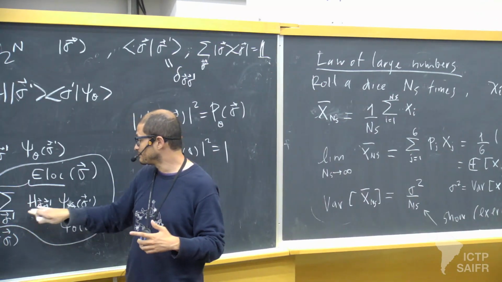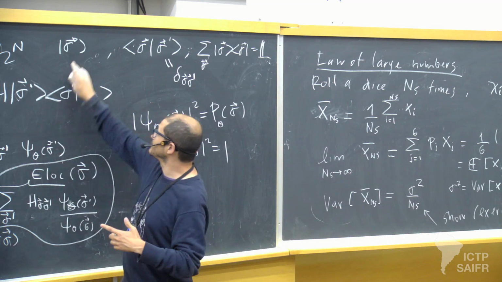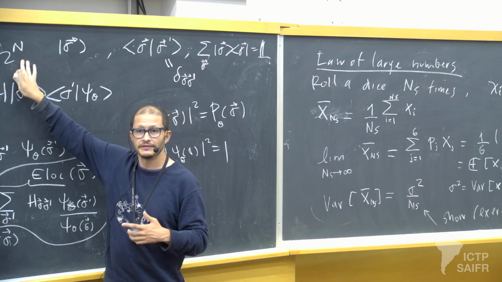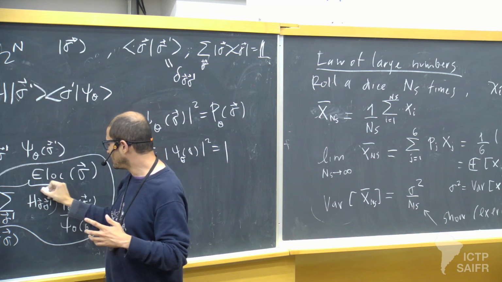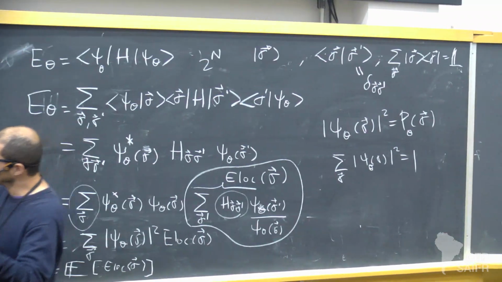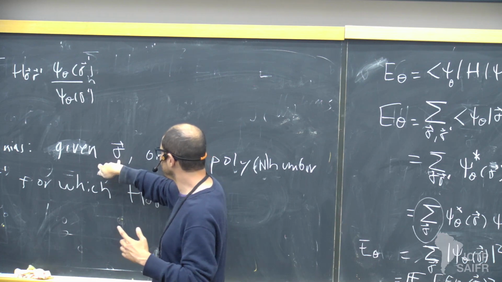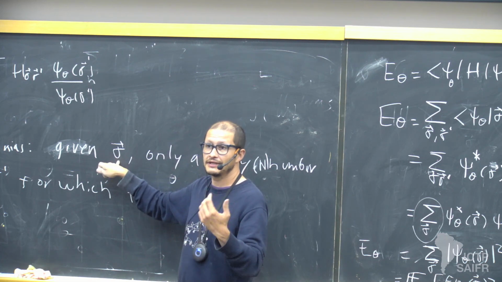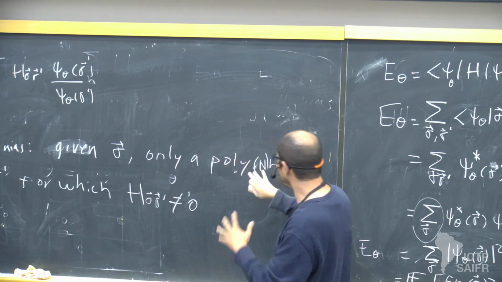But in principle, for a generic Hamiltonian, the sum is exponential. It has 2 to the n terms, okay? And so what I did was impose a restriction on H, such that we call them local Hamiltonians, and they're such that given one spin configuration sigma, among the ones that we sampled, for instance, there's only a small number of terms.